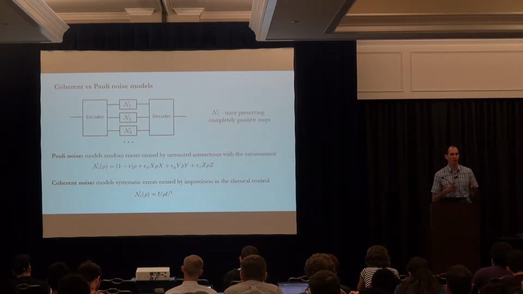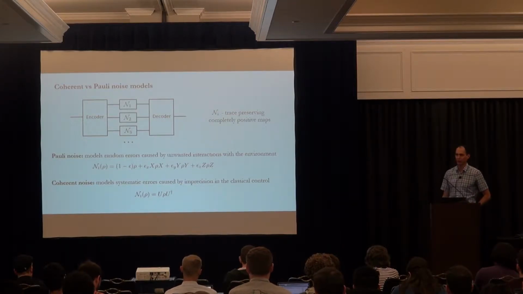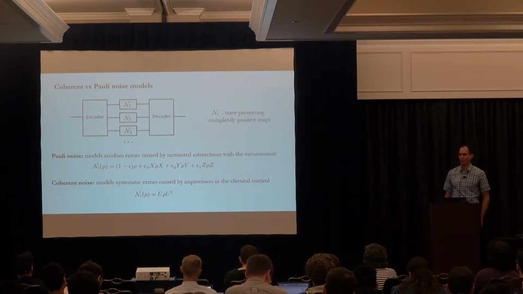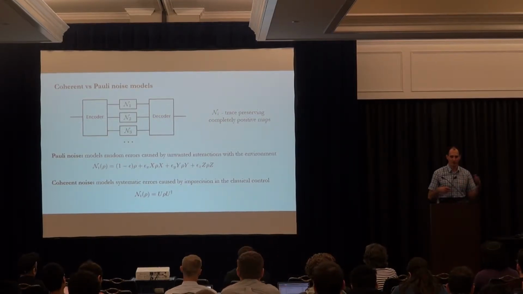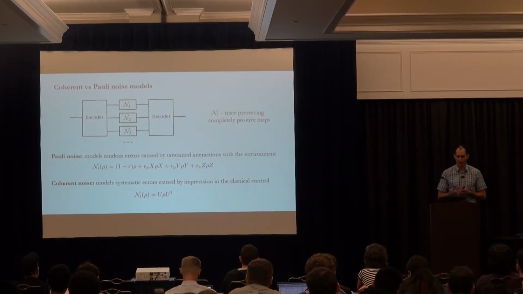This coherent noise is an appropriate model for systematic errors that are caused, for example, by imprecision in our classical control and calibration. And Pauli noise is more appropriate to model decoherence caused by unwanted interactions with the environment.